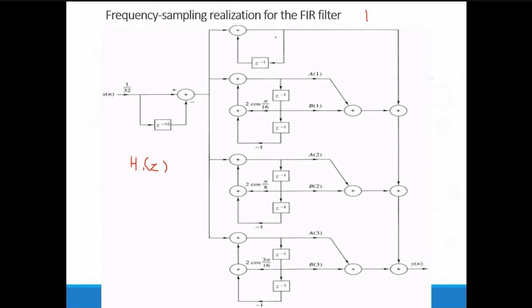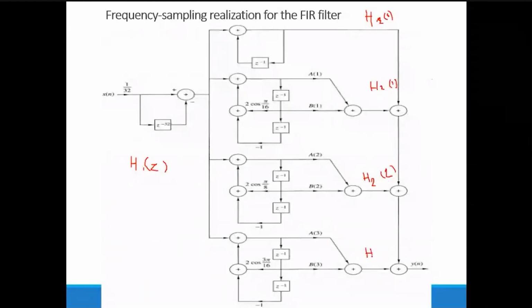Thus this first branch will give you the H21 value, here H22, and the last one is H23.